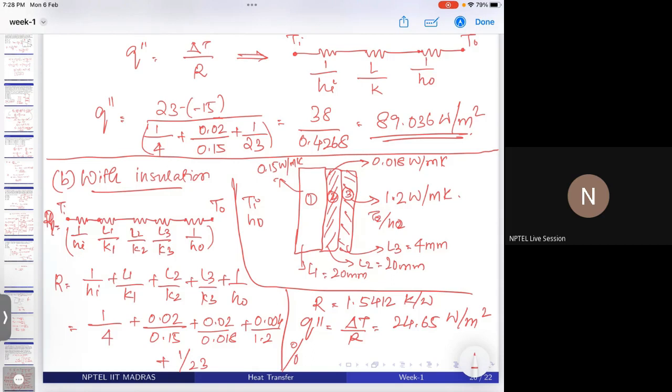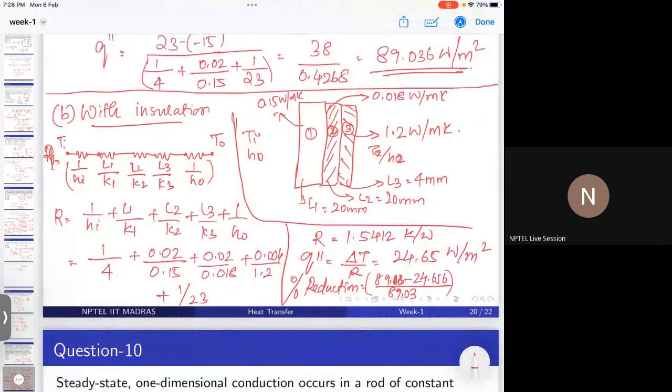What is the percentage reduction? You can calculate 89.03 minus 24.65, divided by 89.03, into 100.